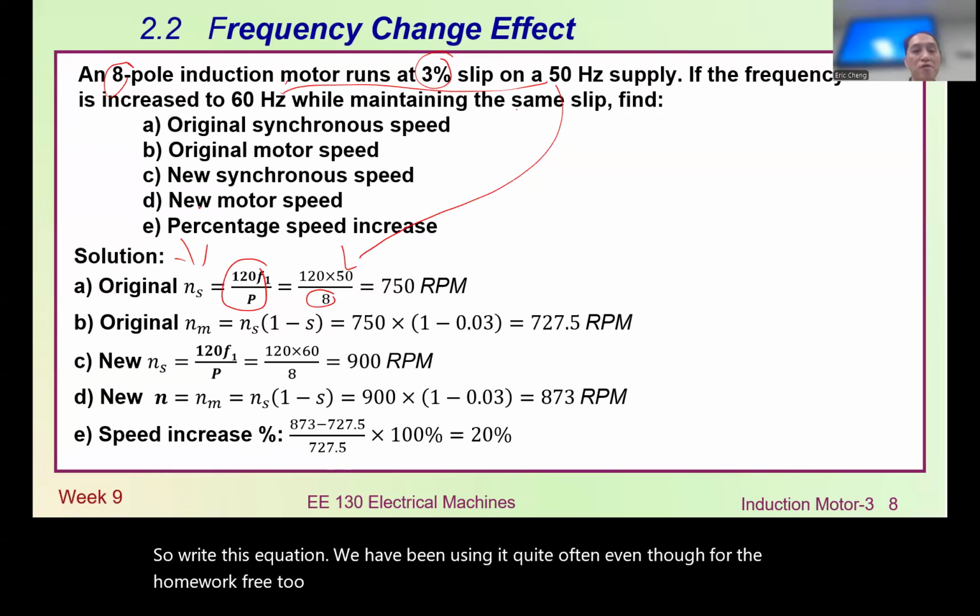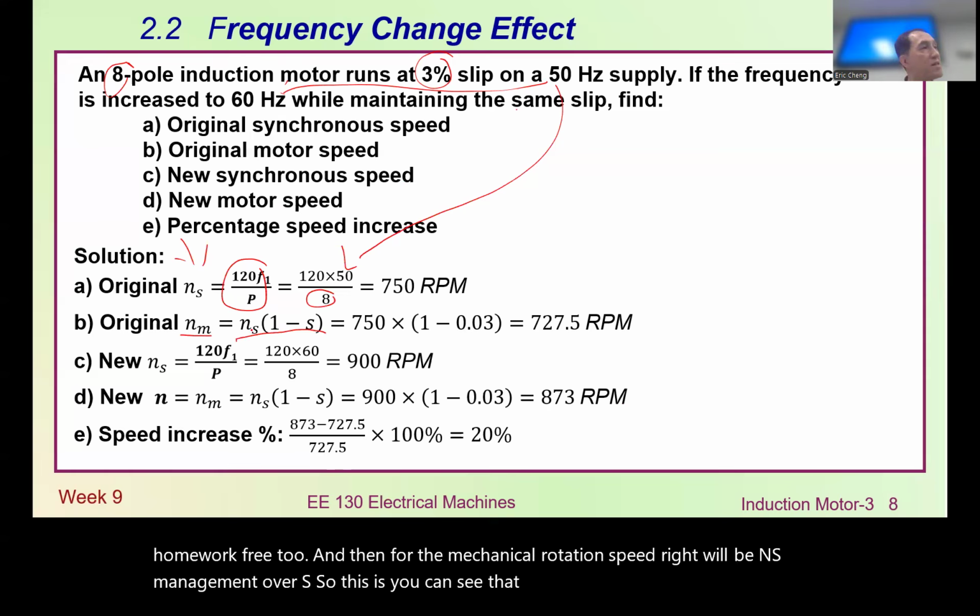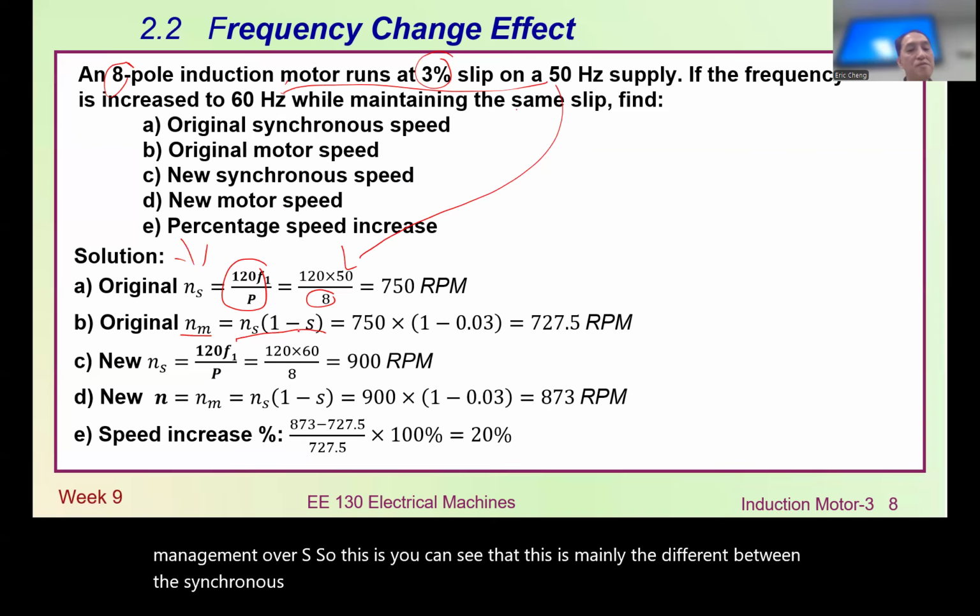And then for the mechanical rotation speed, it will be ns times 1 minus s. So you can see that this is mainly the difference between the synchronous speed and the motor speed, right?